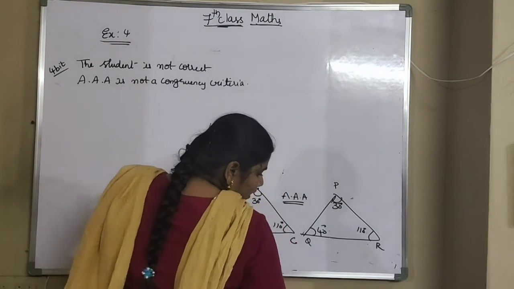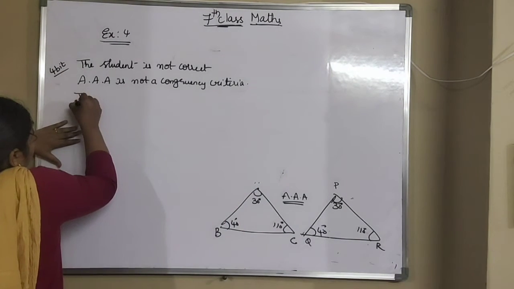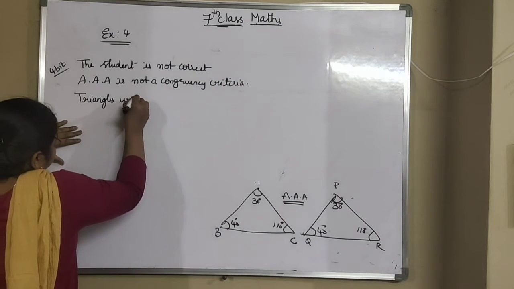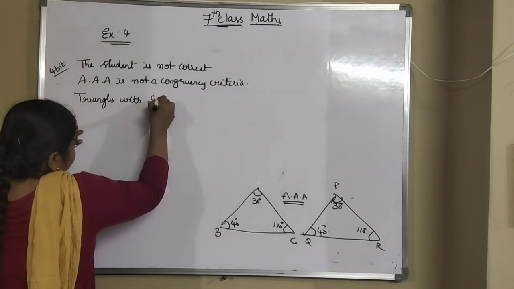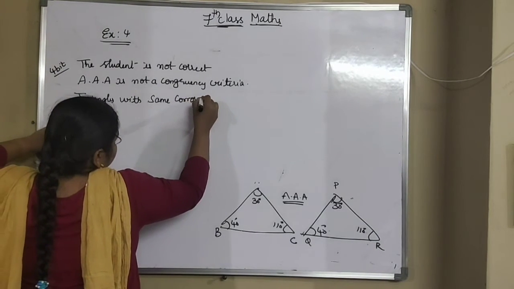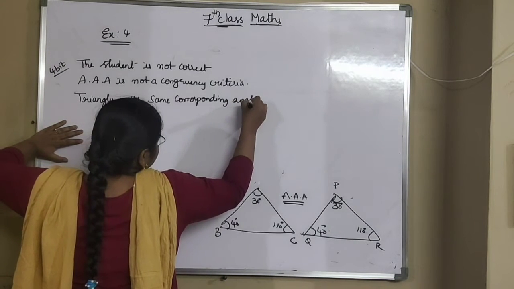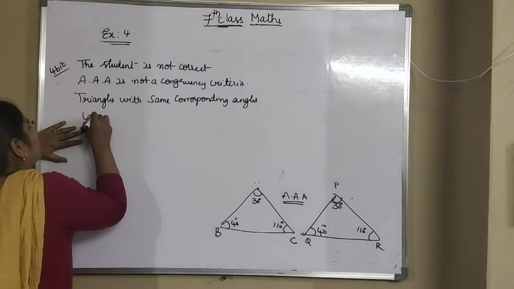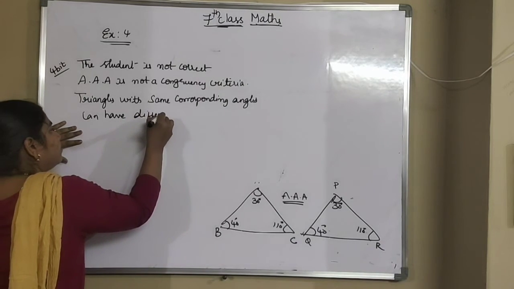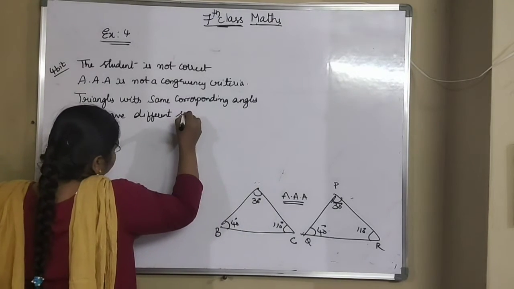Triangles with the same corresponding angles can have different sizes.